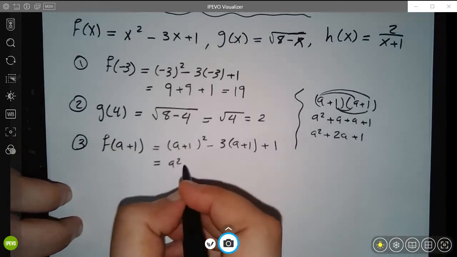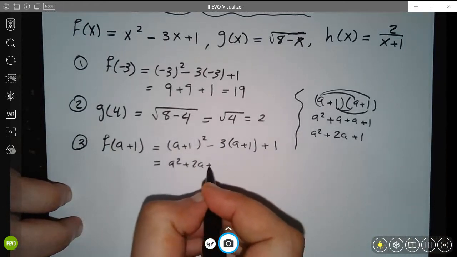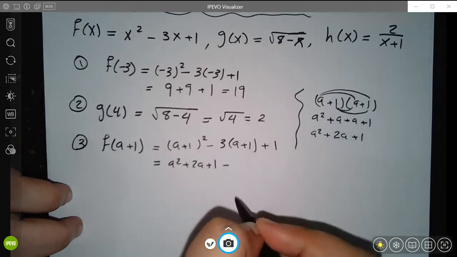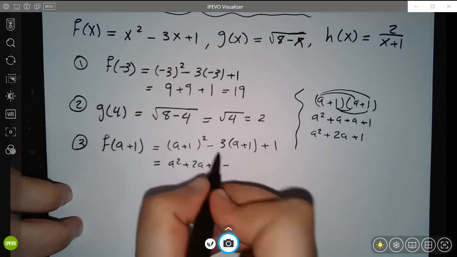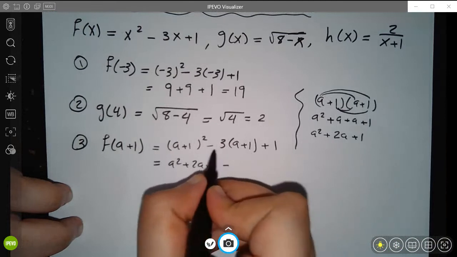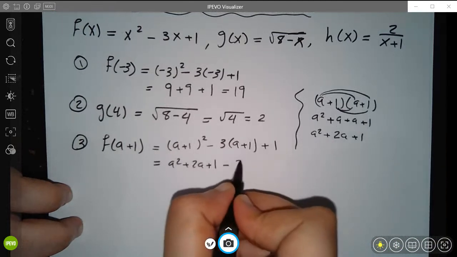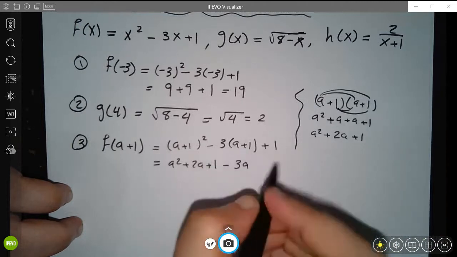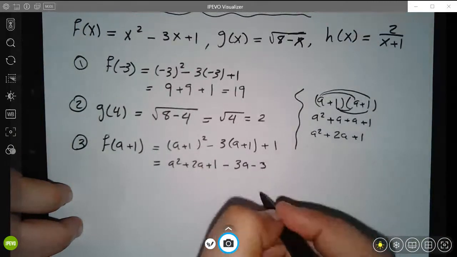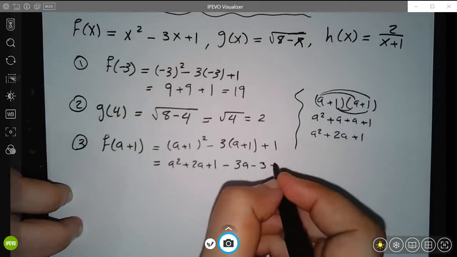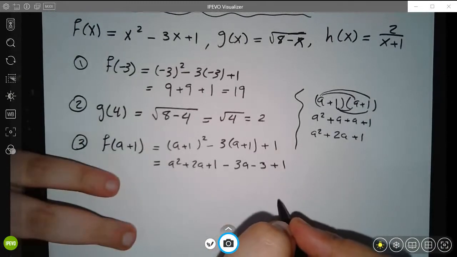So you place a squared plus 2a plus 1. Now minus this right here. We have the 3 times, or negative 3 times a plus 1. So negative 3 times a is negative 3a, and negative 3 times 1 is negative 3. And then you add the 1 at the end.